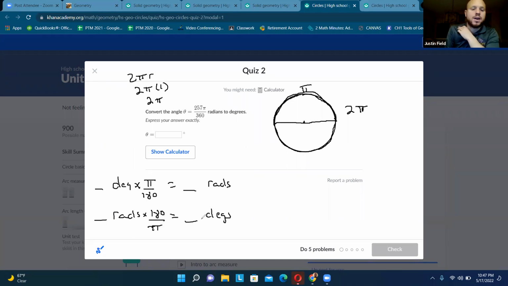That gives us our degrees. So if we want to convert this angle, which is given in radians, to degrees, we simply use our conversion formula: 257 divided by 360 times 180 over pi.